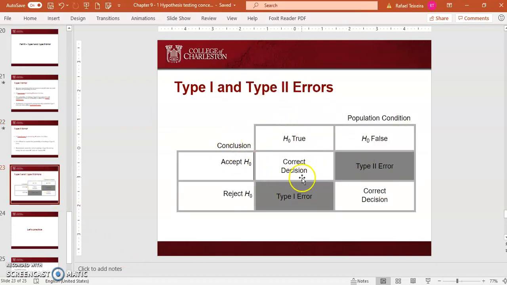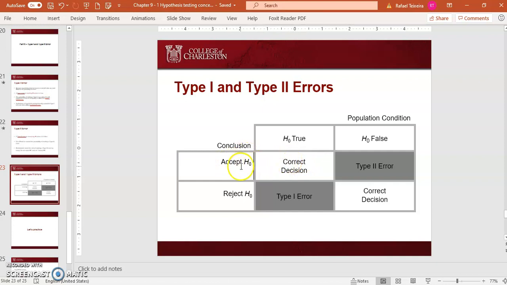So this chart tries to summarize this type 1 and type 2 error. Let's say our conclusion is accept the null hypothesis. And then the population, what is happening is that the null hypothesis is true. And if you accept the null hypothesis according to our sampling and hypothesis testing procedure, then we made the correct decision.